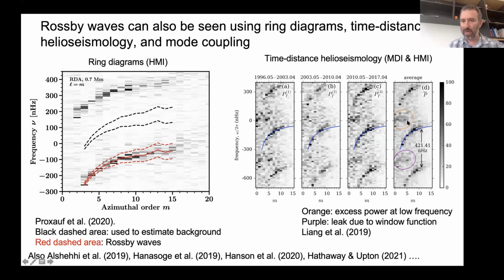There's this excess power at low frequencies, which at least partly is due to active regions, I think. And then again, a copy of that due to the window function. And this has been studied in a lot of other papers in the last few years, and it's very clear that people are agreeing on the detection of these features.